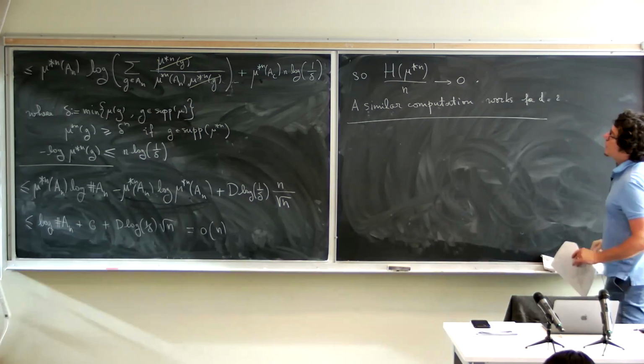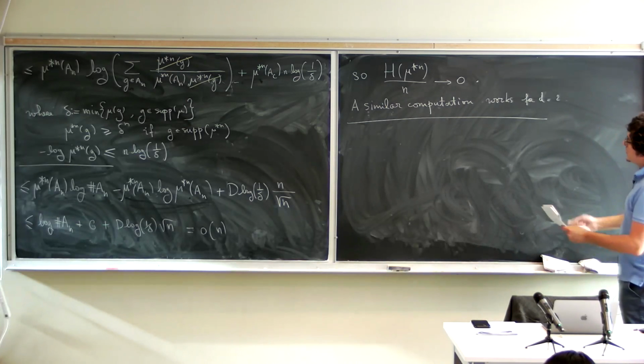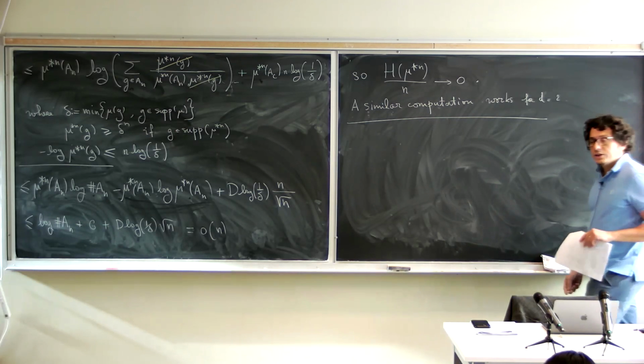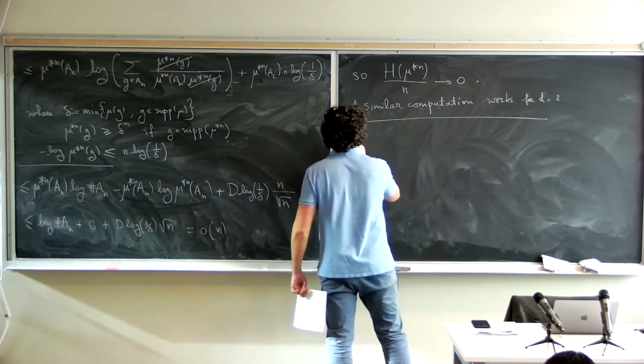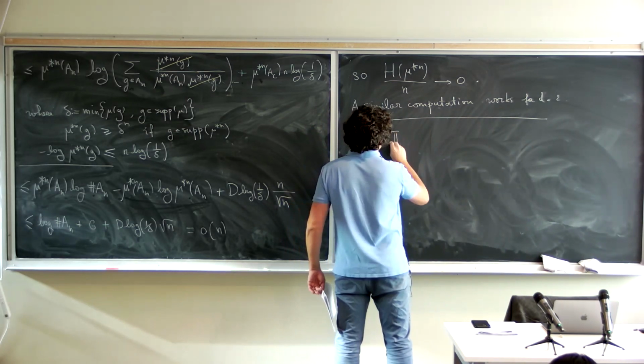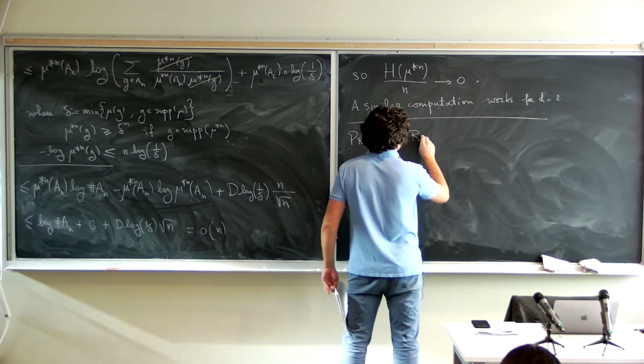Okay, so this is an explicit way of doing it. There's also another way of doing it, which is more soft in a way. The second proof is about recurrence.